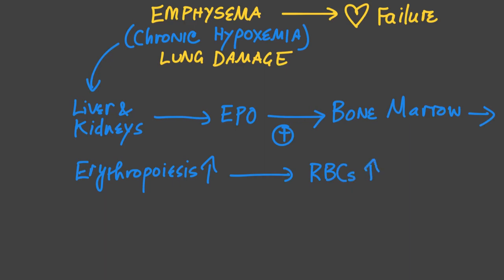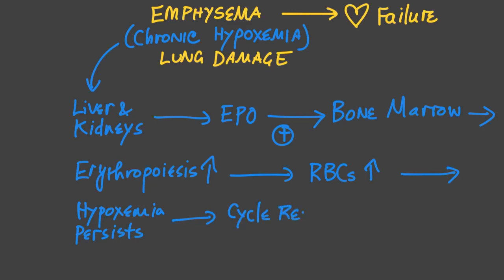Normally, we would expect the blood levels of oxygen to go up. However, due to the chronic hypoxemia that persists in emphysema patients, the levels of oxygen remain low. So this cycle keeps on repeating.